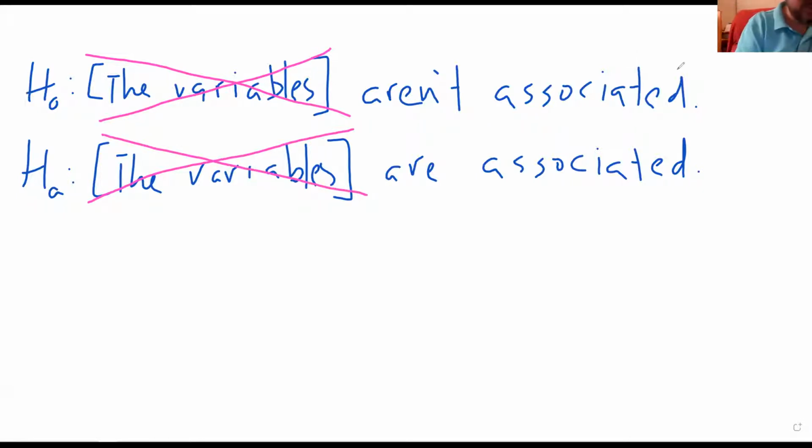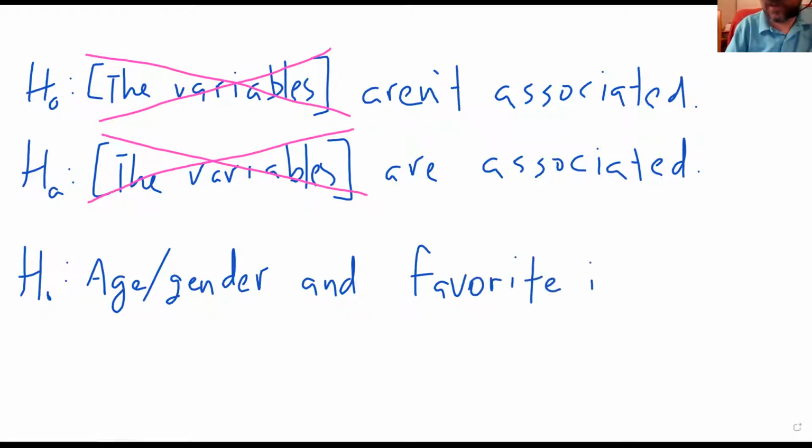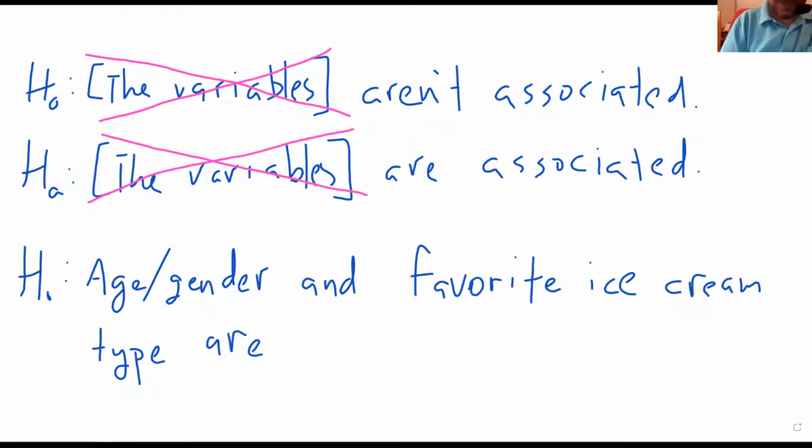So the test we're actually going to do says null hypothesis: age, gender, and favorite ice cream type are independent, or are not associated, is the way I'm going to say it.